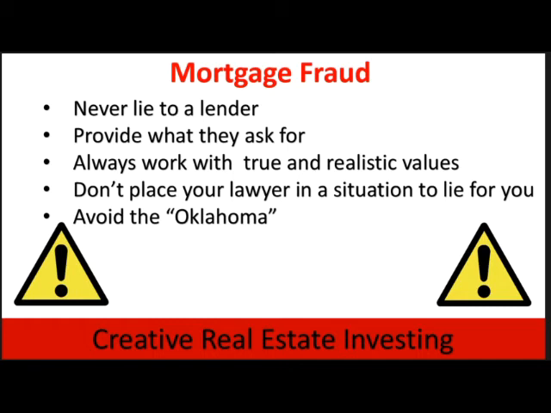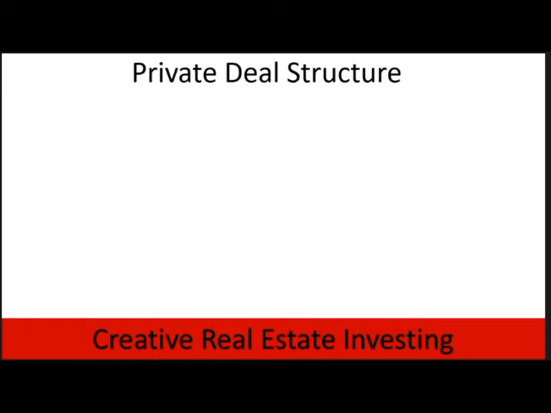So the appraiser would come out and look at a property that is worth $300,000 on the open market, but create an appraisal saying it's worth $400,000. You take that appraisal to the bank and say, here's the property I own, here's the appraisal. I'd like to borrow 80% of $400,000. Well, you're now borrowing more money than what the property is actually worth, and that's what they call an Oklahoma. That is definitely mortgage fraud.